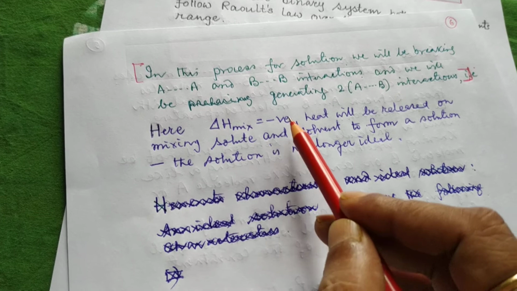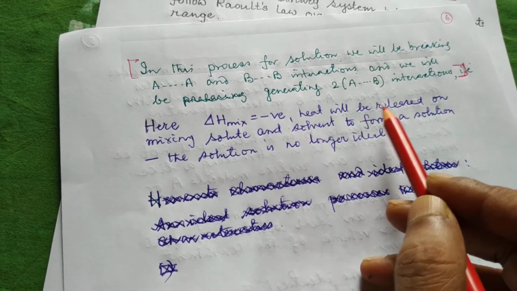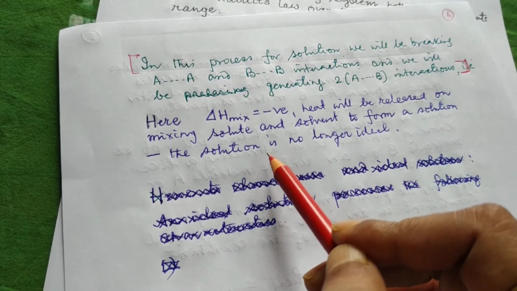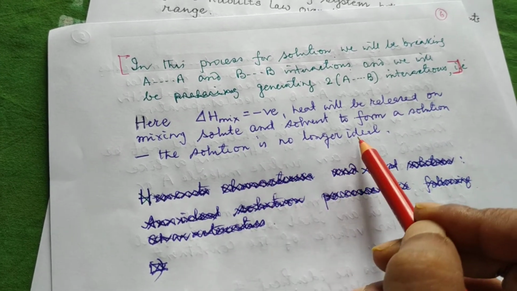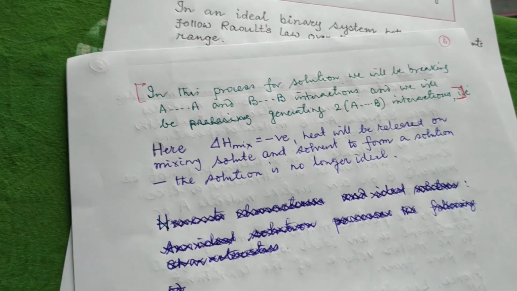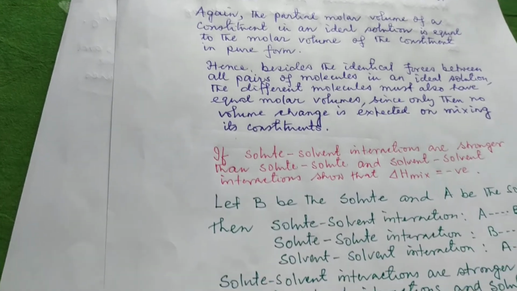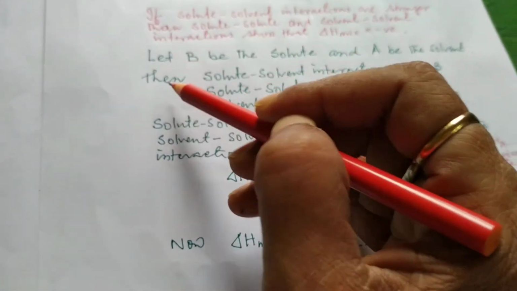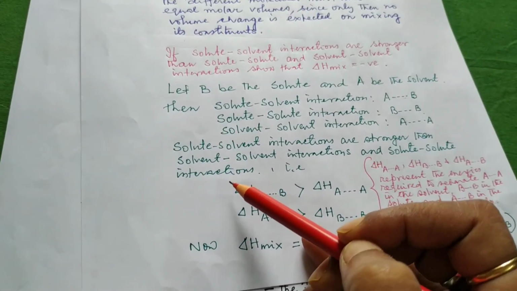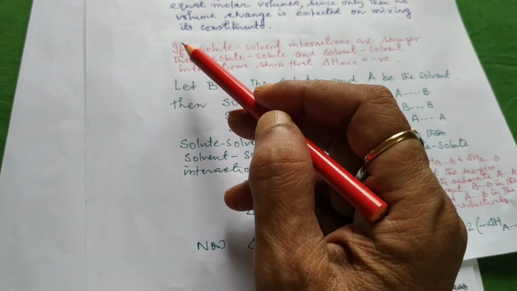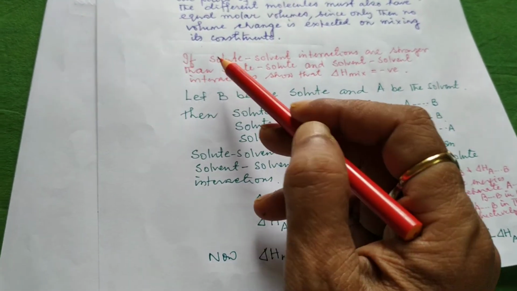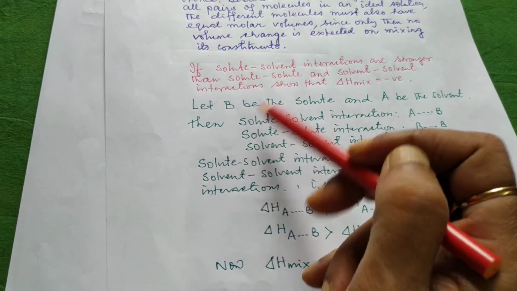So delta H mix will be negative, and this solution will no longer be ideal. So with a specific example and problem, I tried to explain the values of delta H mix in an ideal solution.